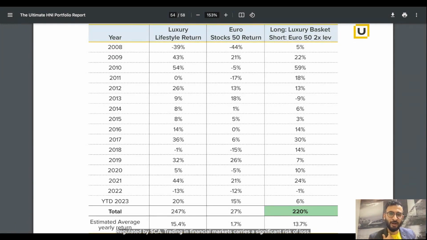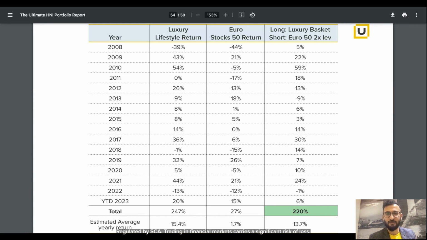Let's try to find out how many times luxury lifestyle from 2008 till 2023 has actually outperformed the Euro Stocks Index. When I say outperform, here is the first example. Luxury lifestyle went down by 39% and Euro stocks went down by 44%. So in this case, luxury lifestyle outperformed in negative returns because the loss was less.